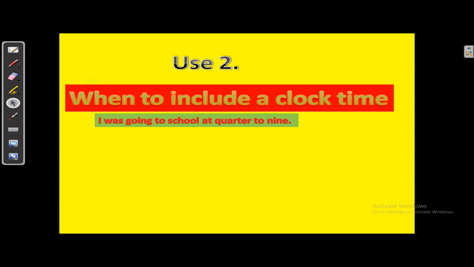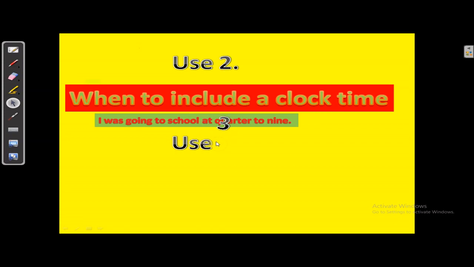I was going to school is in the past continuous form, and that can be used in case we want to include the clock time. Earlier we mentioned that when we are in the middle of the action, we are not completed with the action, so there also we can use it.